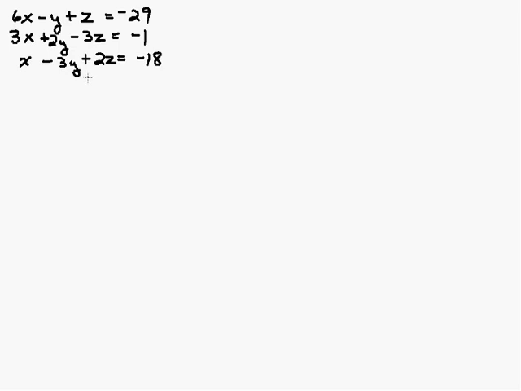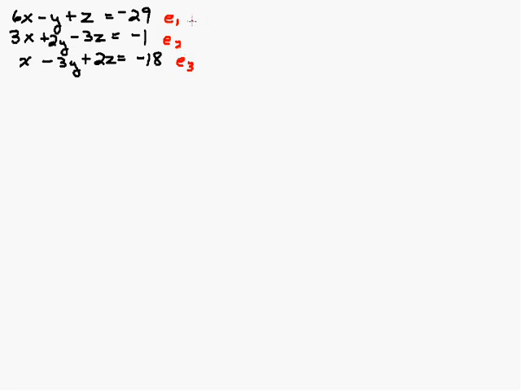Okay, so what we're going to do is label these equations. Let's label this one E1 for equation 1, and then E2, and then E3. What we want to do is add together two of the equations to make the z's drop out.